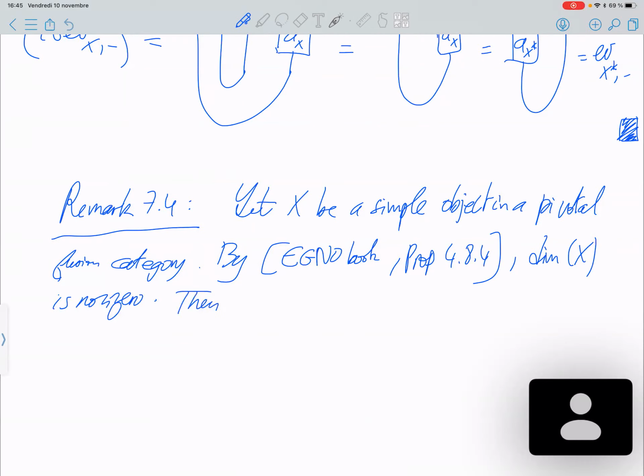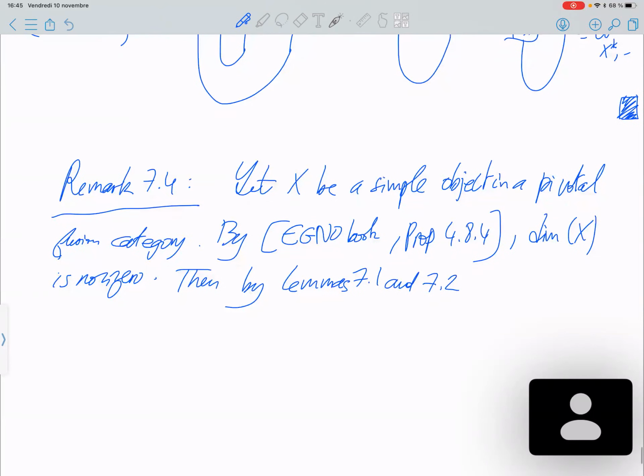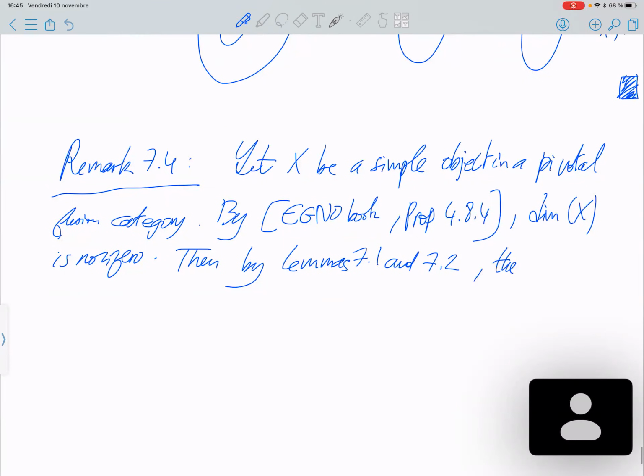Then by the previous lemma 7.1, 7.2 from this section, the choice of the four above morphisms, evaluation and co-evaluation maps plus or minus, are unique up to a multiplicative constant.